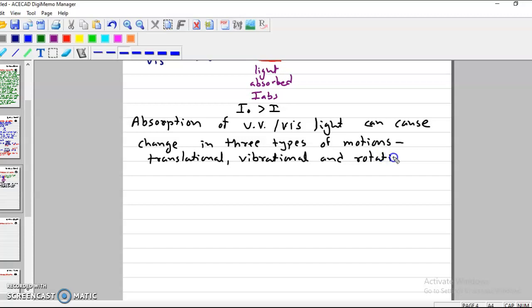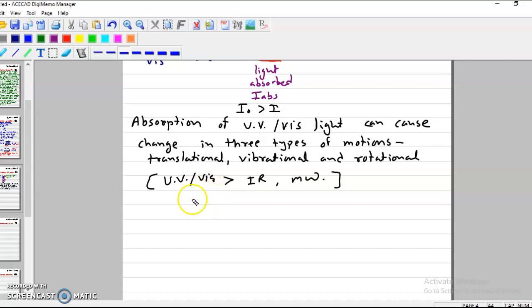Because UV visible is having more energy than infrared and microwave also. So whatever changes appear because of microwave and infrared, that will be caused by UV visible also.